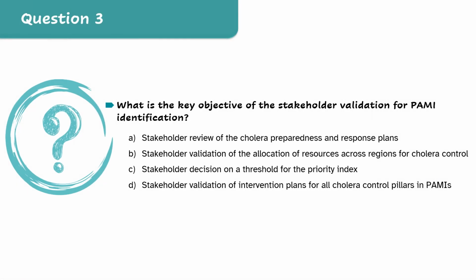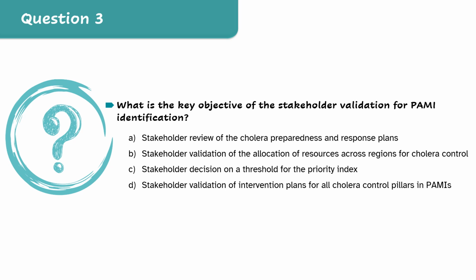Question 3. This is the last question. What is the key objective of the stakeholder validation for PAMI identification? A. Stakeholder review of the cholera preparedness and response plans. B. Stakeholder validation of the allocation of resources across regions for cholera control. C. Stakeholder decision on a threshold for the priority index.